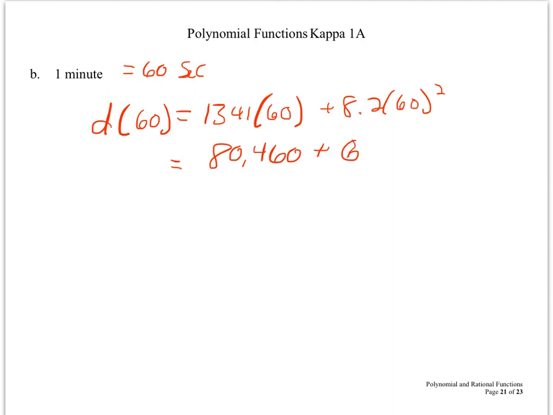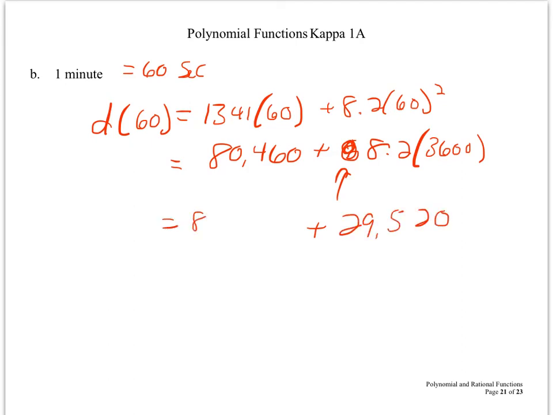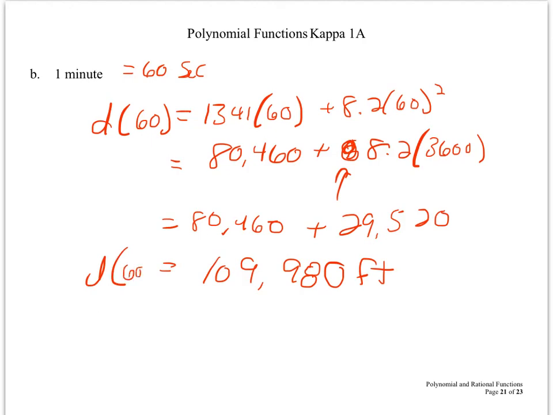Sorry, I said 60 as I was writing an 8, and I had a little bit of a convulsion there. 8.2 times 3,600 is 29,520. If you sum those fine numbers, you get 109,980 feet. So after 60 seconds, this space shuttle has traveled 109,980 feet.